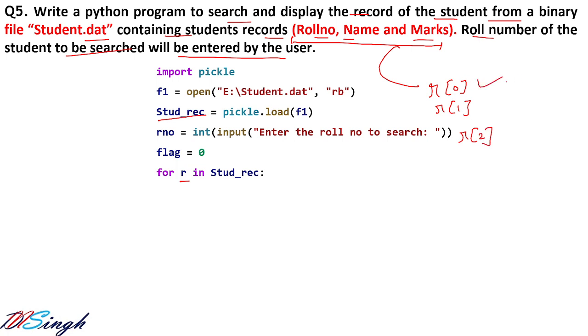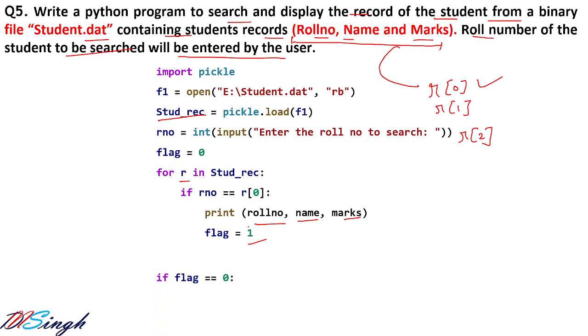But we are concerned with R of 0. We will put the condition roll number equal to R of 0, meaning the roll number supplied by the user should match. Whenever this roll number matches, we are going to print that record, roll number, name and marks. After printing it, we make the flag value 1 so that at last we can check whether we have found the record or not.